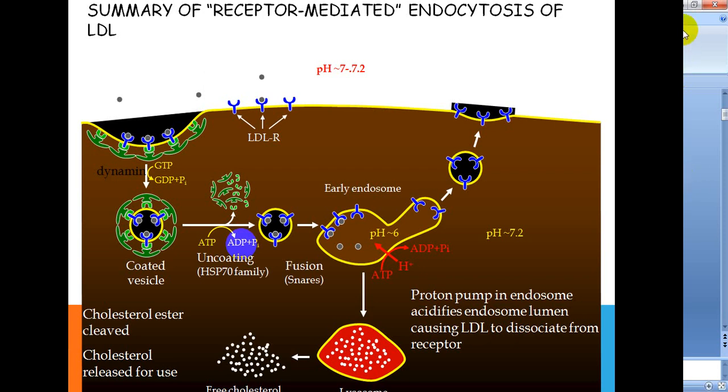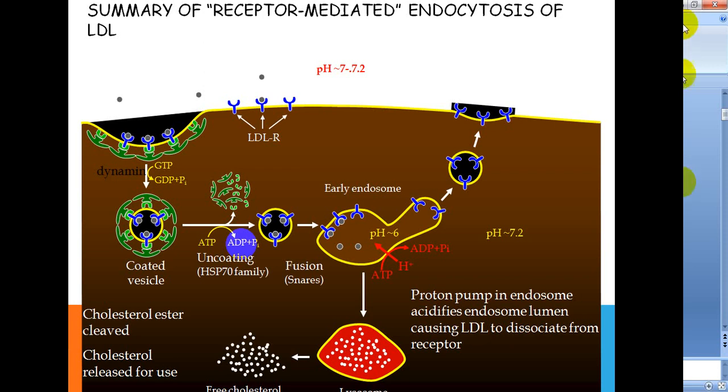So these naked vesicles fuse with early endosomes, which are formed within 1 minute of endocytosis, and the pH is around 6.